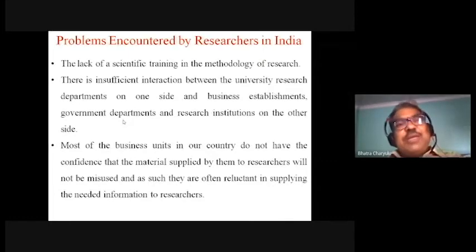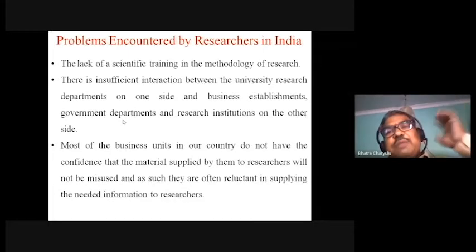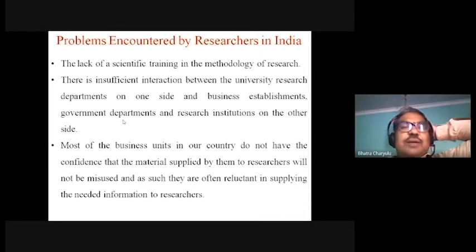And what are the major problems encountered by the researchers in India? The lack of scientific training in the research methodology. There is an insufficient interaction between the university research departments on one side and business establishments, government departments, and research institutes on the other side.